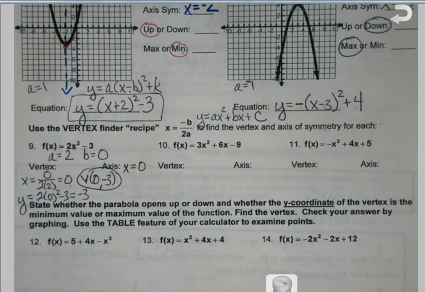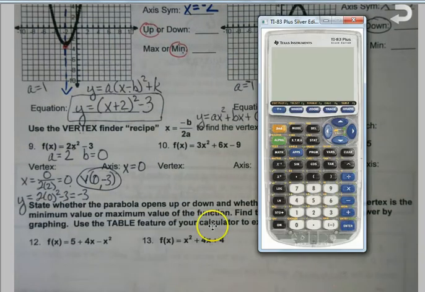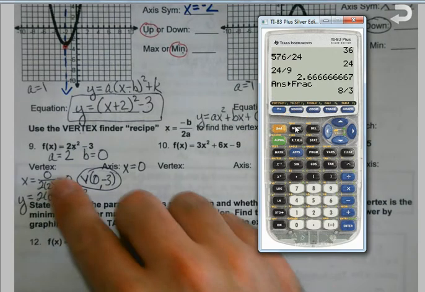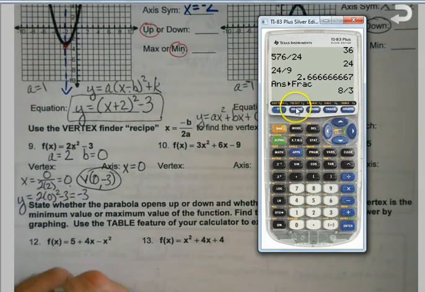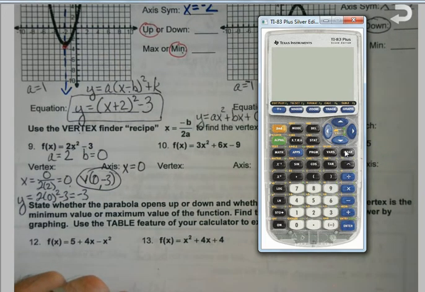Now, on these, like I said, I like to show you options on things whenever I can. There is a way to use the calculator to find your vertex. Now, in this case, it worked really fast. It went quick for me, so I'm not too worried about it. But let's say sometime it's something fractional or some other type thing, and I'm like, yeah, I wish there was an easier way to do this. Well, there is.